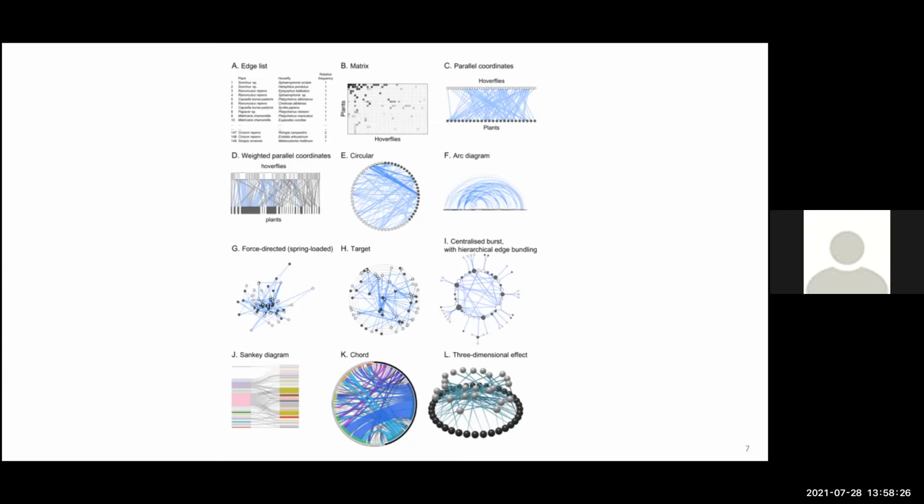The chord diagram would have much higher aesthetic appeal, but it's also hard to draw any kind of conclusion from. So this is how I went into creating my own visualization. I wanted to aim for the greatest aesthetics while maintaining the information context.